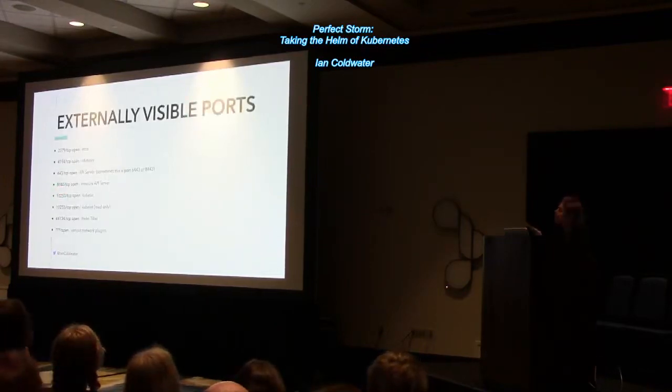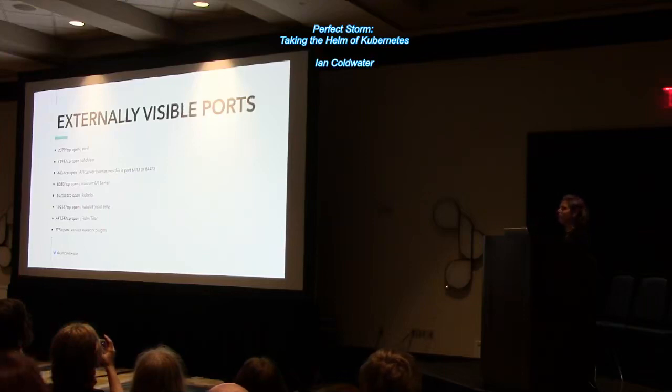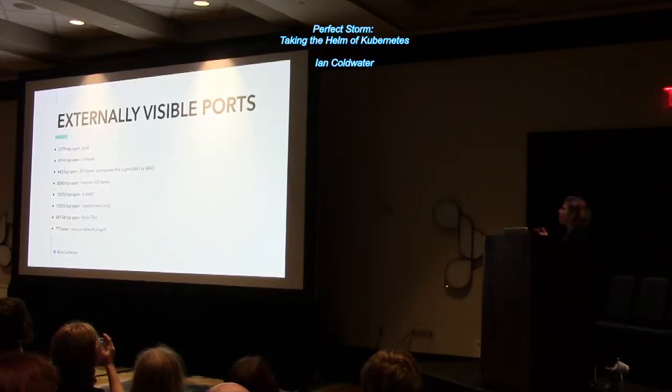So externally visible ports that you could potentially scan or look for include the one for etcd, which historically, if that port is open to the network, you could actually just go in and read it. So, all right, there's the creds, there's your cloud metadata, all right, move on with your day. That's not necessarily the case anymore, but again, I looked on Shodan for this last night. There's definitely ones that are still there that do that.